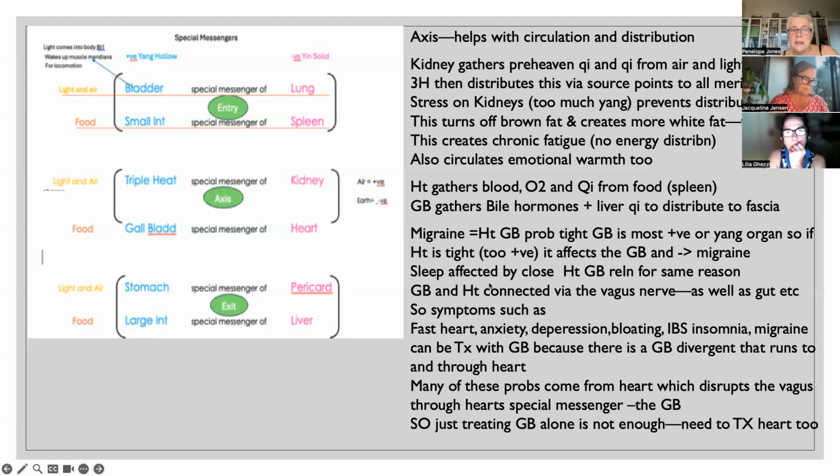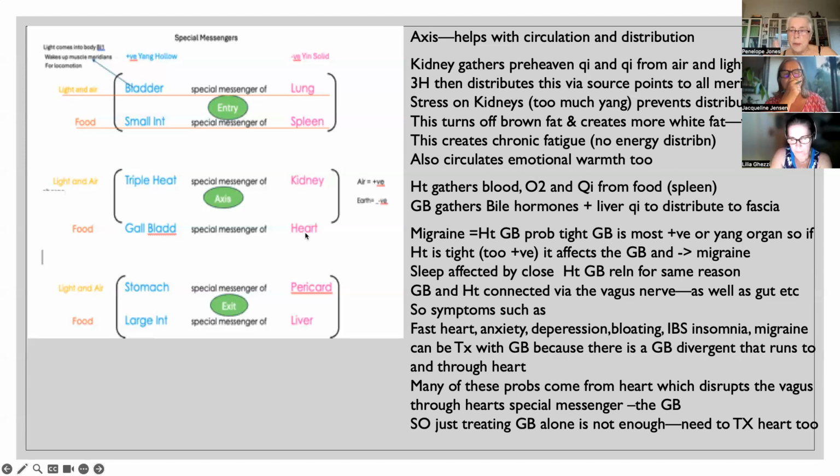The other thing that's interesting is that sleep is affected by the close relationship between the gallbladder and the heart. The gallbladder has an extra channel that flows up through the heart. And these two are very connected via the vagus nerve.